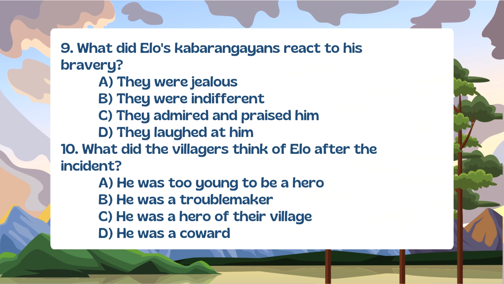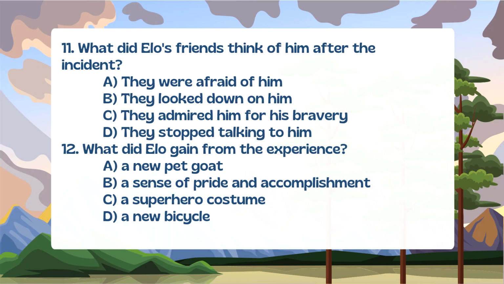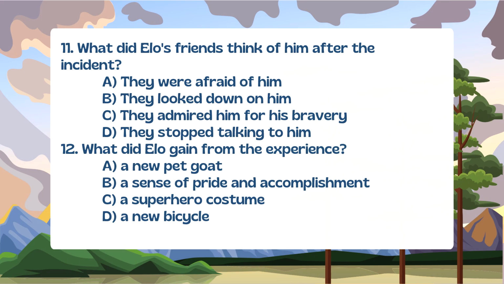He was a little hero of their village, letter C. 11. What did Elo's friends think of him after the incident? They admired him for his bravery, letter C. Number 12, what did Elo gain from the experience? That's letter B, a sense of pride and accomplishment.